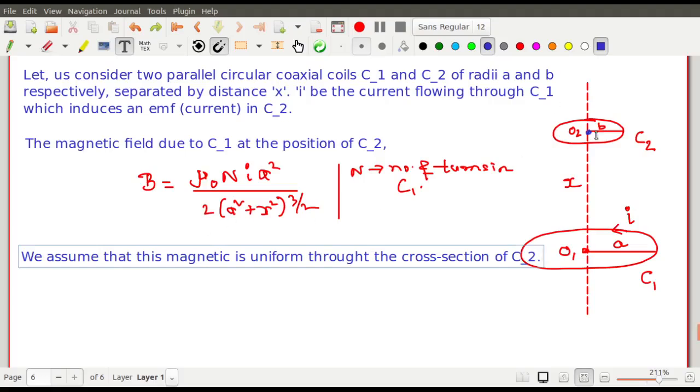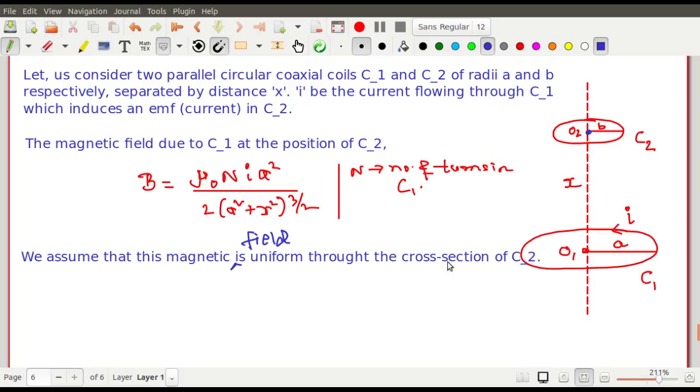We assume that this magnetic field is uniform throughout the cross section of C2. Actually this is the expression at the center of C2, but I assume the magnetic field to be the same throughout C2.